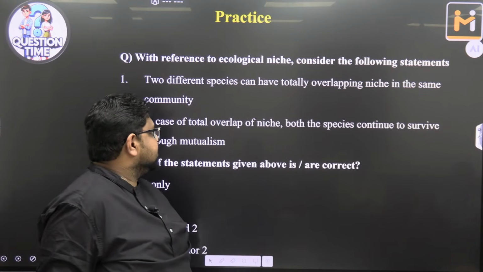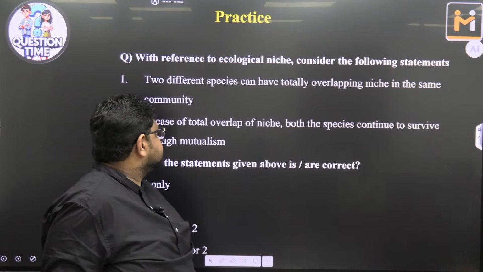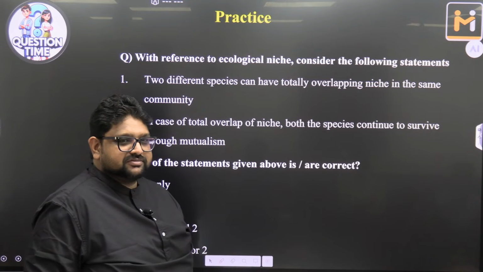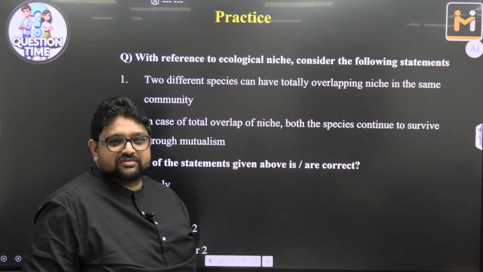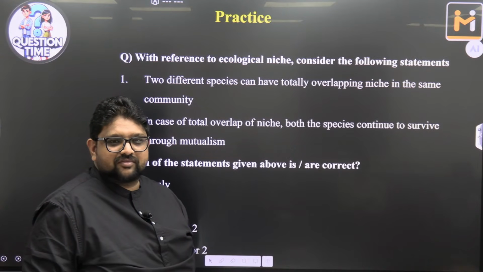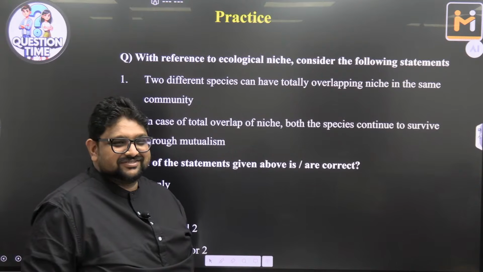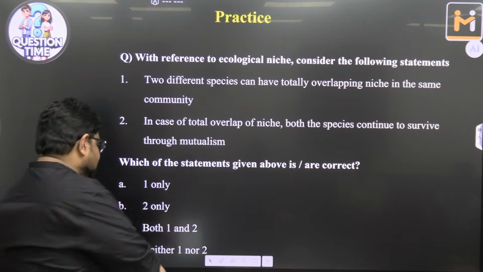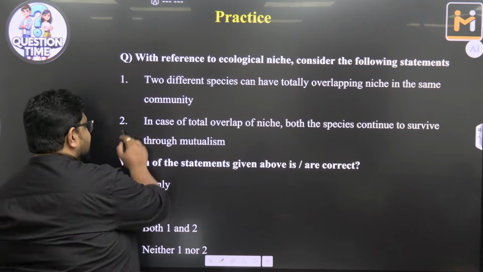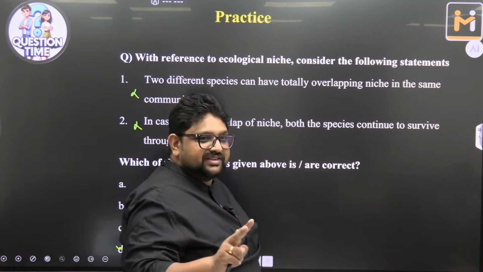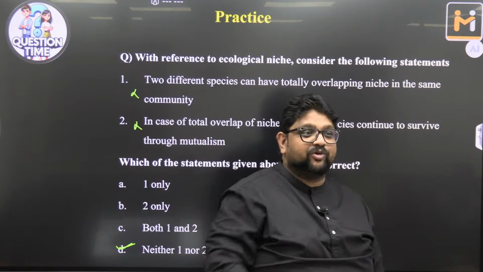Why is the first statement correct? They can have totally overlapping niche. Okay. Why is it wrong? That's actually true. The answer is D. Neither one. This is also wrong. This is also wrong. So no two organisms can have completely overlapping niche.